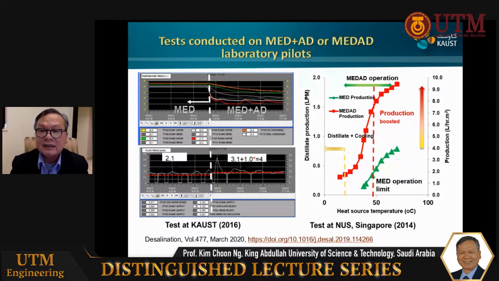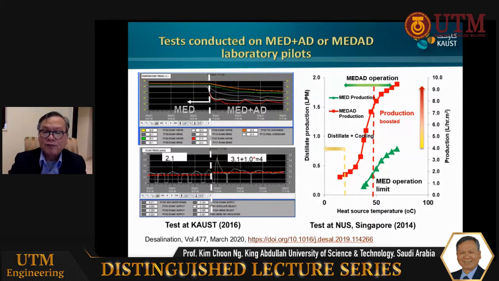The green represents the MED operation alone, and there's a limit to the temperature because you cannot go down below 40 degrees Celsius, due to the high ambient in the Middle East. But for the MED-AD, we are able to lower this temperature limit to as low as 15 degrees, as shown in the red dots, showing the boost in water production.